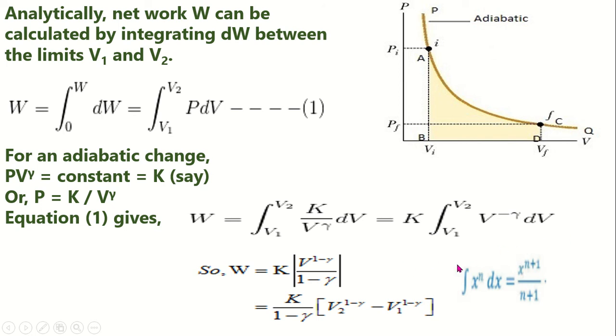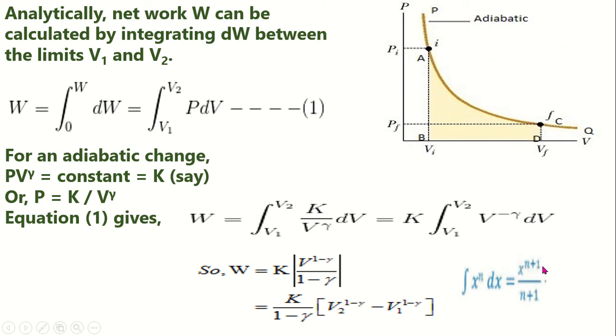Here we will use another formula of integration. Look, the integration of x to the power n dx equals x to the power n plus 1 divided by n plus 1. That means you add 1 to the power and divide by the same thing.